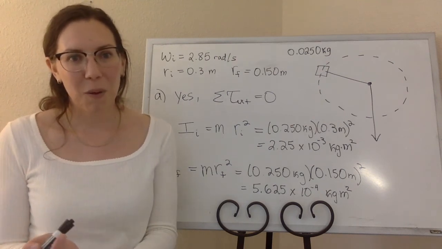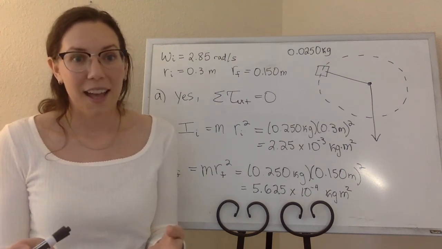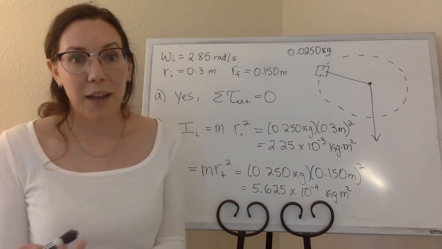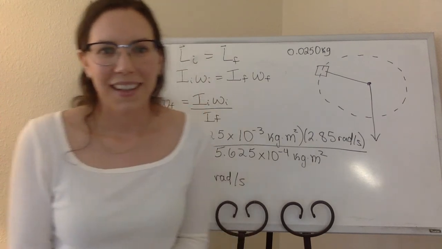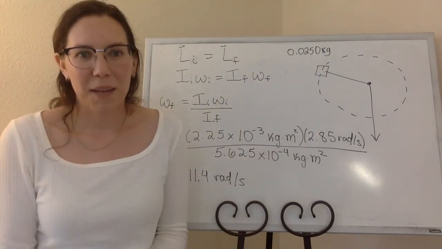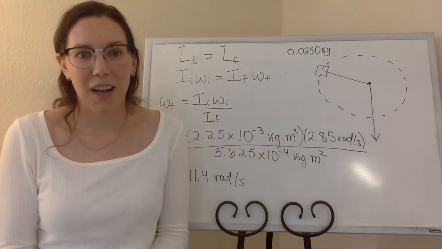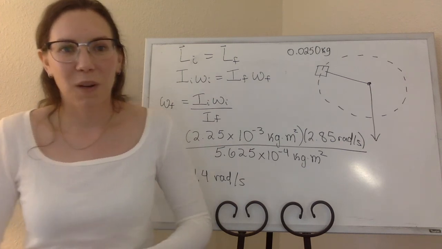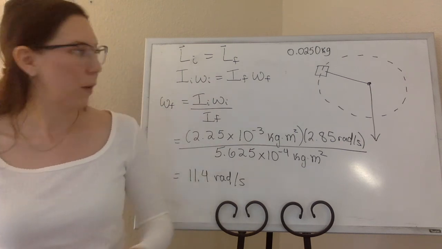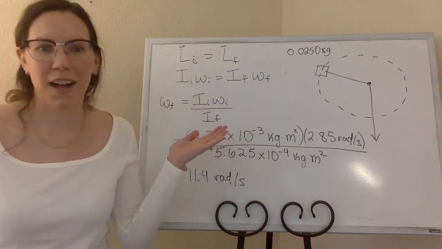So with those two moments of inertia, we can determine the final angular velocity for the rotation. Applying conservation of angular momentum, we have I initial omega initial equals I final omega final, and then we can solve for omega final, which will be I initial omega initial over I final.